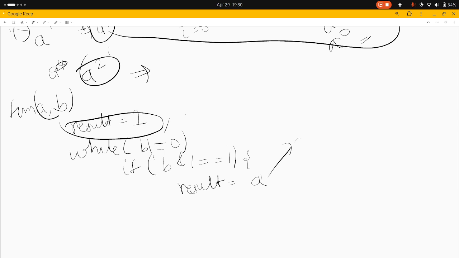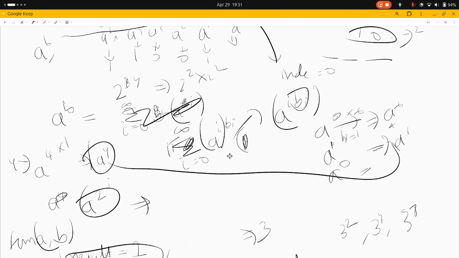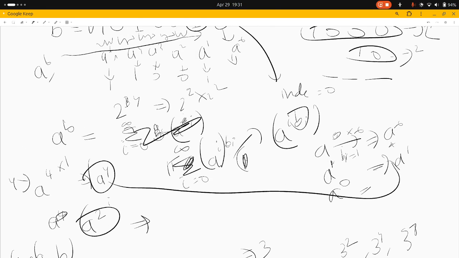This a is dynamic. For example, if we start a with some value, let me assume 3, it will not be 3 throughout the algorithm. It would be dynamic, so it changes to 3 square, 3 power 4, 3 power 8, etc. I think I forgot something. It would be 2 power i here, not a regular i, because it's a bit.